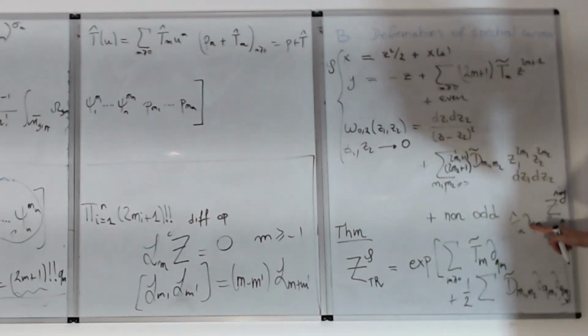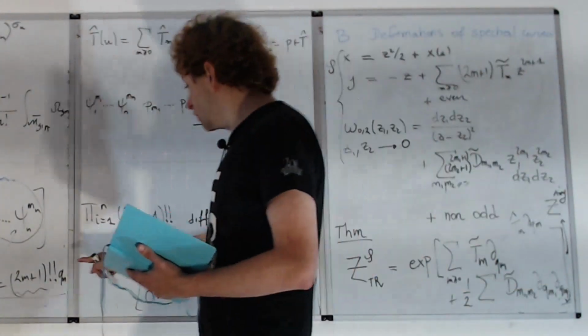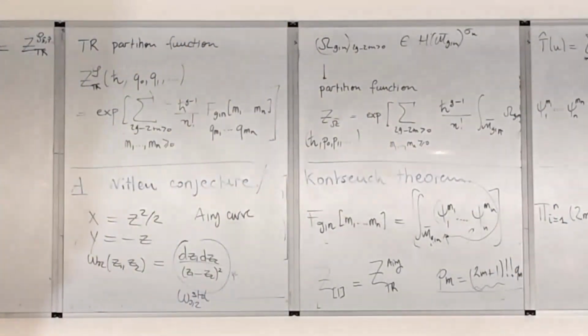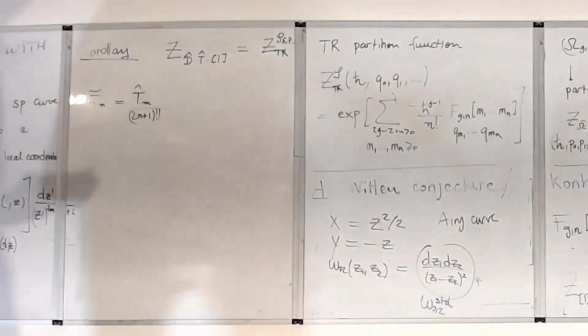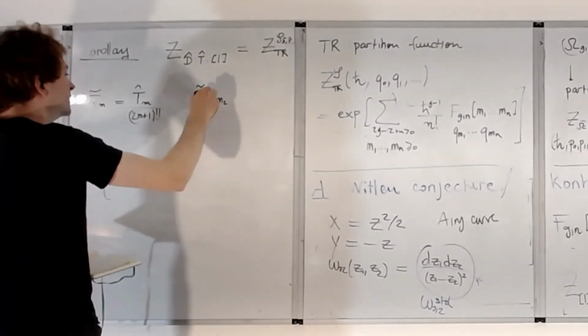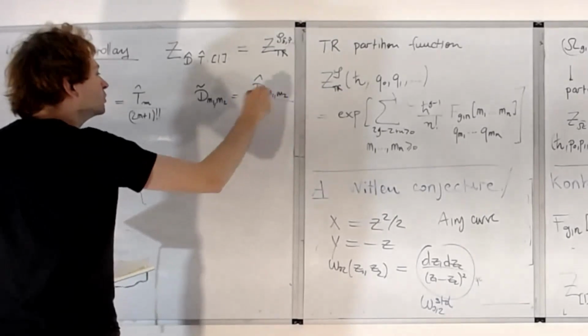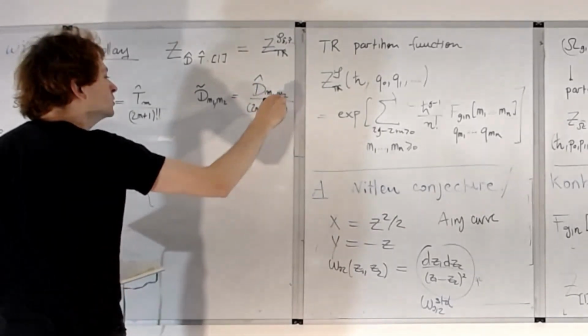So d over dpm divided by d over dqm is just a proportionality factor, so it's like qm over pm, and qm over pm is 1 over (2m plus 1) factorial. And this is going to be the same for d tilde: d hat m1, m2 over (2m1 plus 1)(2m2 plus 1).